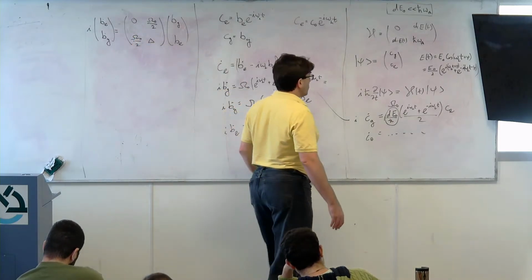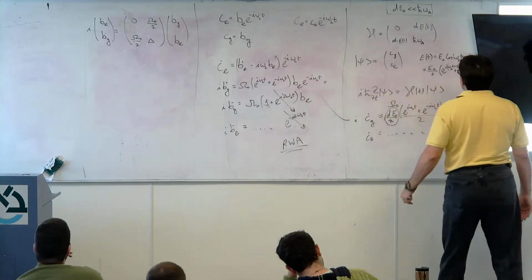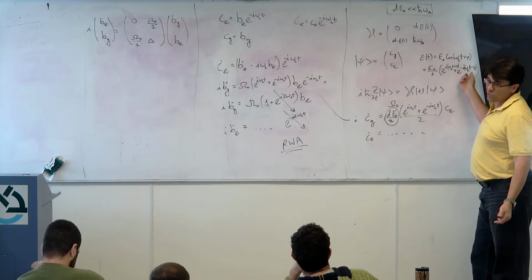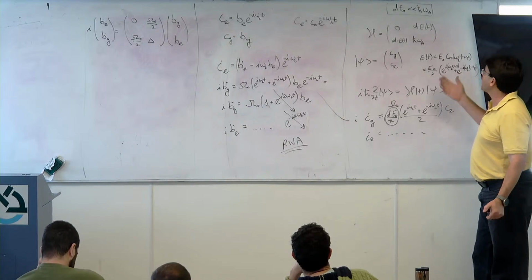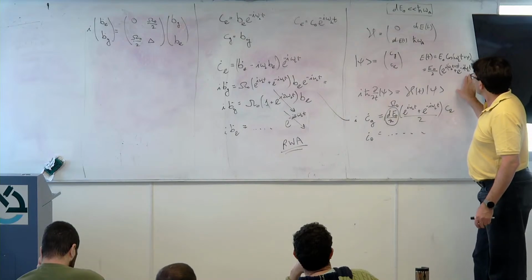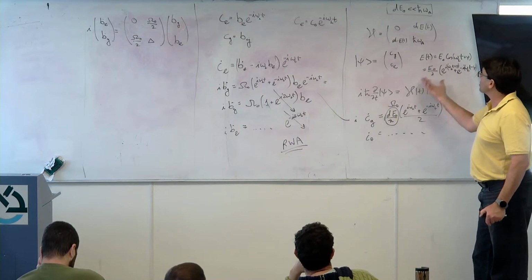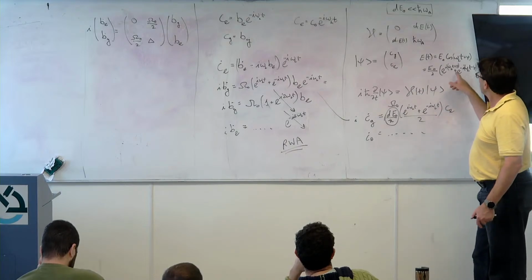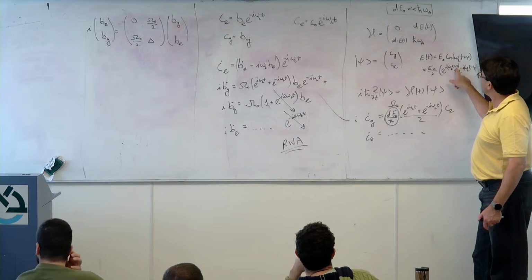Now, let me remind you something. I told you that the field could have a phase. What would that do? For example, if that was not a cosine but a sine, then this phase here would have been pi over 2.